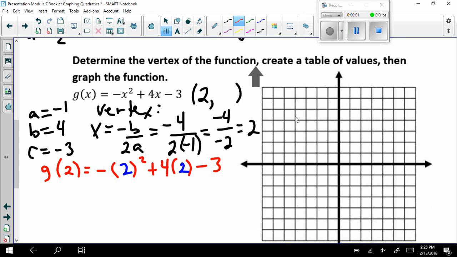Then I'm going to use my order of operations. So first I'm going to do 2 squared. 2 times 2 is 4. Remember that negative just gets brought down. It's not being squared. 4 times 2 is 8 minus 3. So I get negative 4 plus 8 is 4, minus 3 is 1. So my vertex is 2, 1.